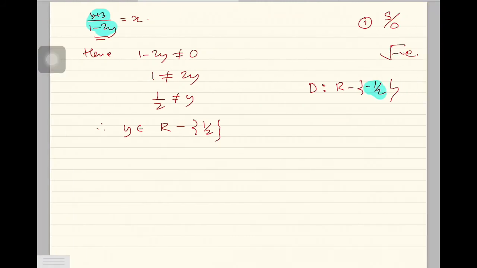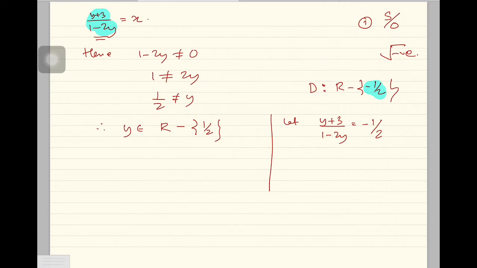So my question is, what is the guarantee that when you put all the values except 1/2, the value of x will not come as -1/2? That we have to justify. So for that, at the side here, let (y + 3)/(1 - 2y), when you put some values of y which we are not aware of right now, become -1/2. Let us try to prove that it is equal to what, everyone? -1/2.